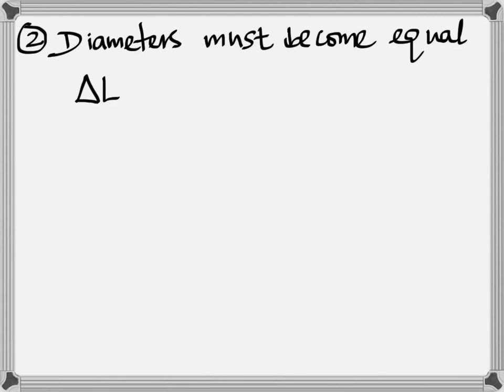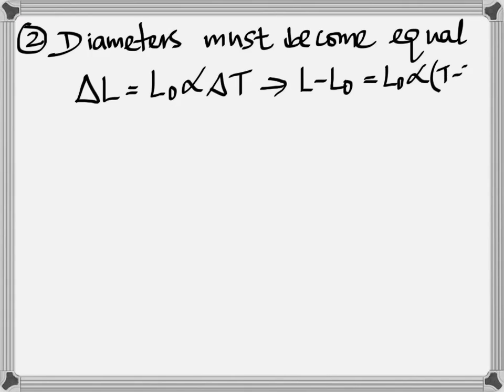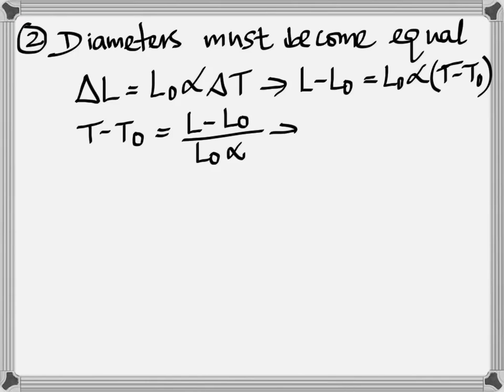Now for one to fit another in, well, surely the diameters must be equal. And so that's the formula for change in length, from where we make the difference in temperature the subject and then get the temperature.